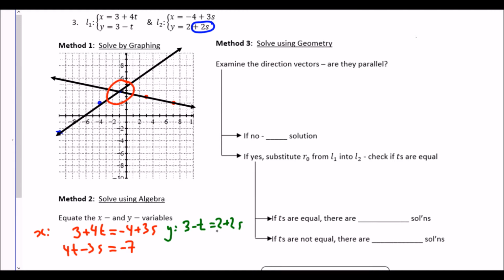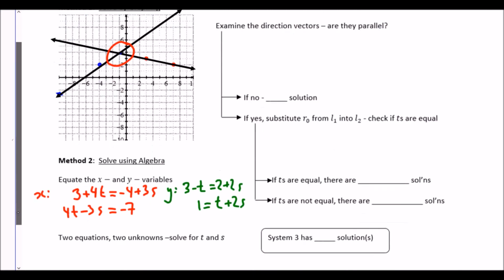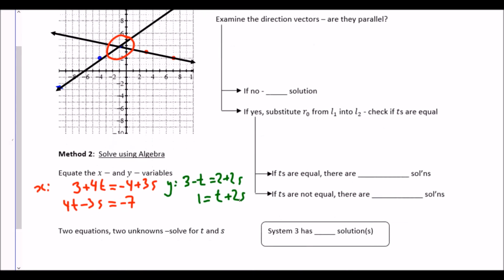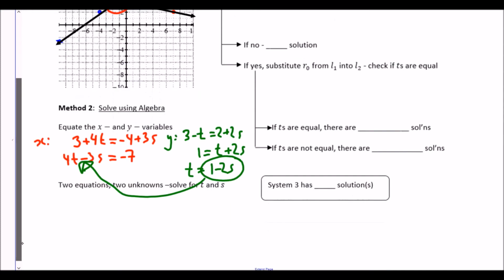I'll bring this t over here, so I got 1 is equal to t plus 2s. And in fact, I'm going to use substitution here, because I can easily solve for t. t is equal to 1 minus 2s. I'm going to put this in for t.